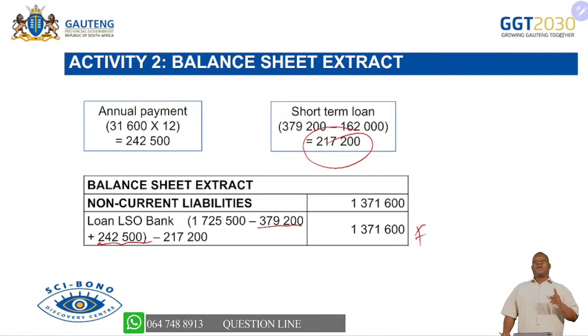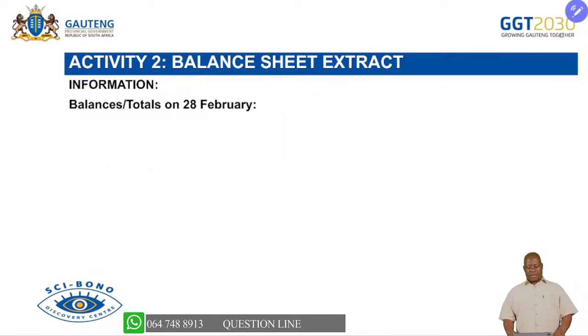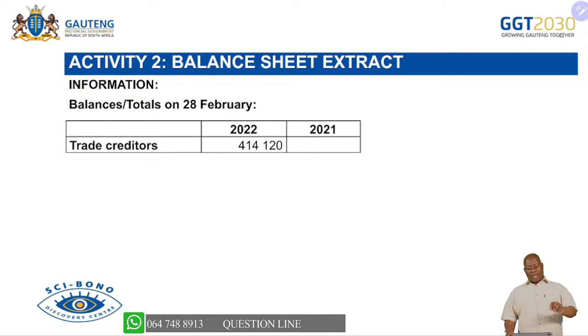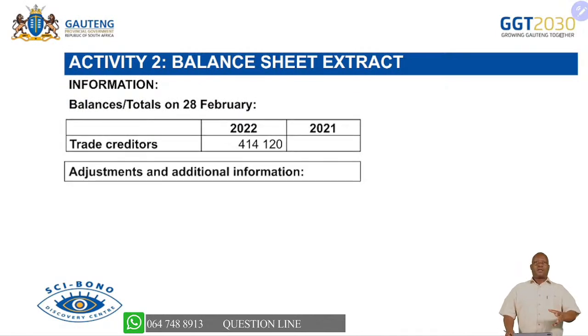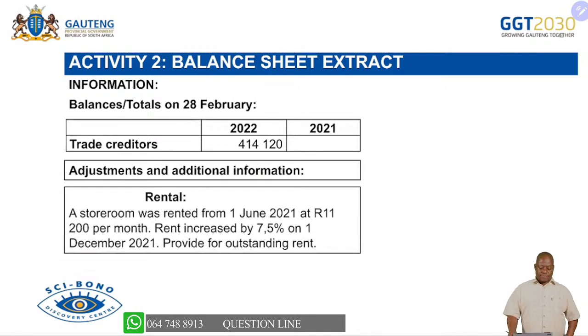Opening minus repayments plus interest. That is the loan balance. But now we also need to remember the short-term loan is always subtracted from that balance. That's why we are subtracting the 217,200.